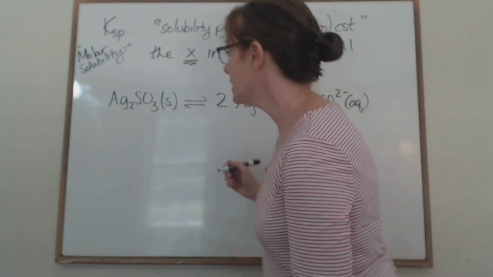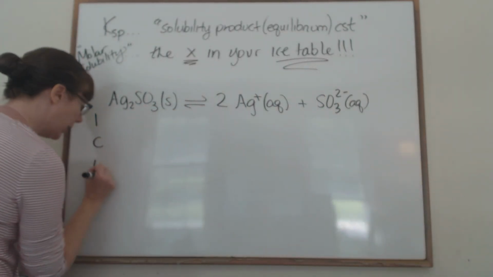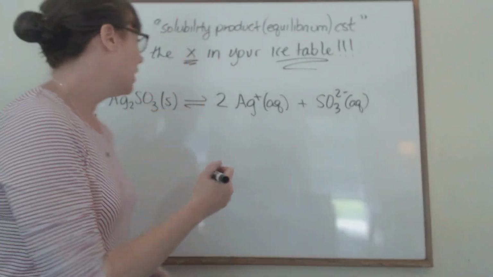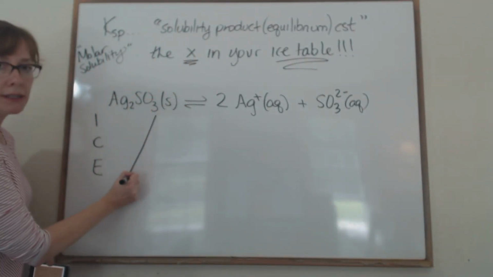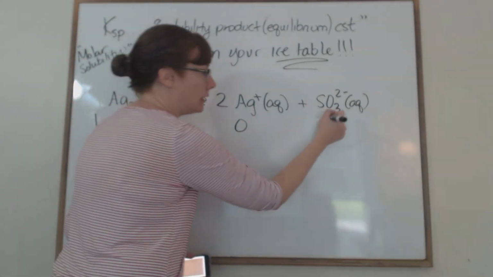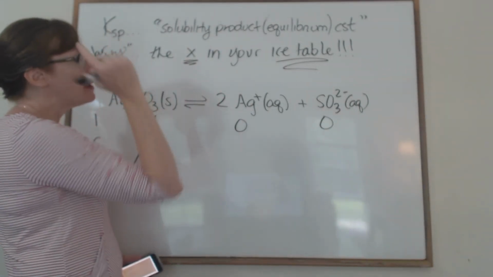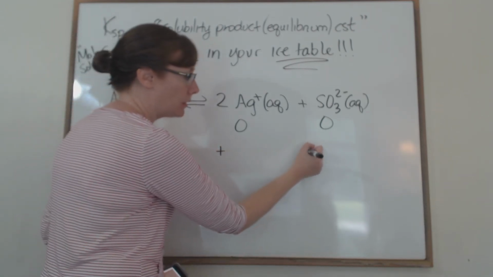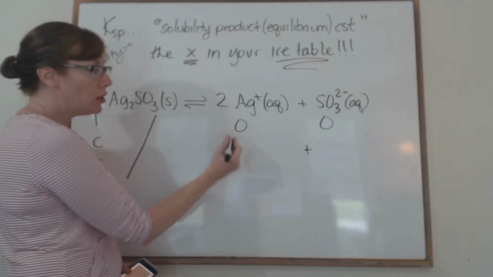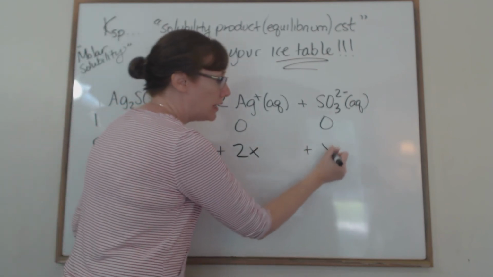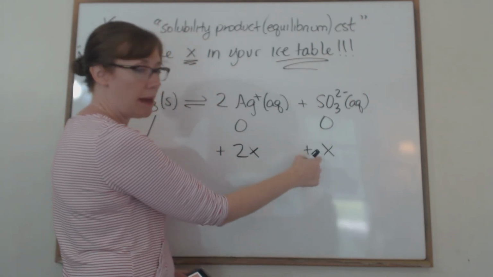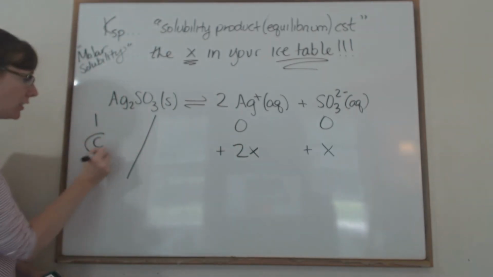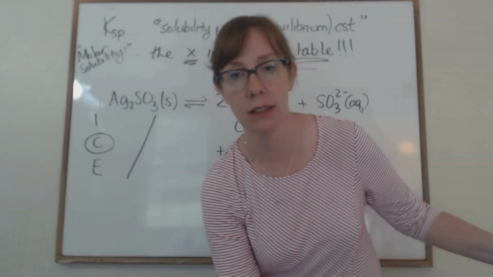All right, ICE table, because we are kind of marrying KSP with molar solubility. So ICE table is where that happens. This gets crossed out. This is a 0. Maybe I'll write the x's in for a minute here and then erase them because we actually have the numbers. This would be plus x because there's only 1 of them, but this would be plus 2x because remember with the change column you have to consider the coefficients.